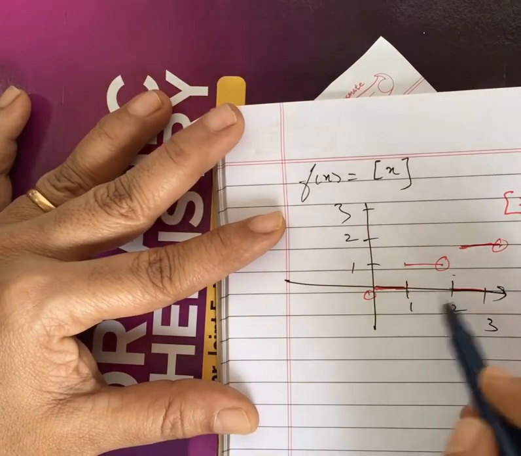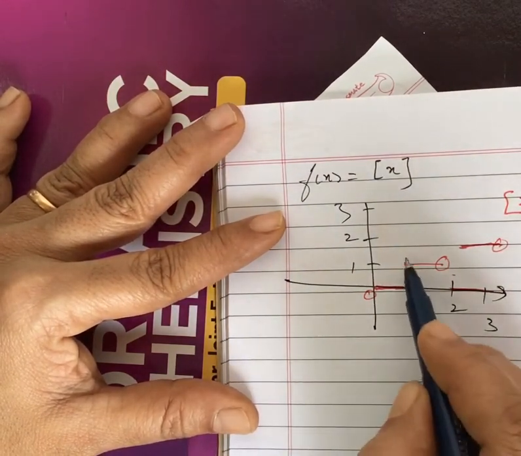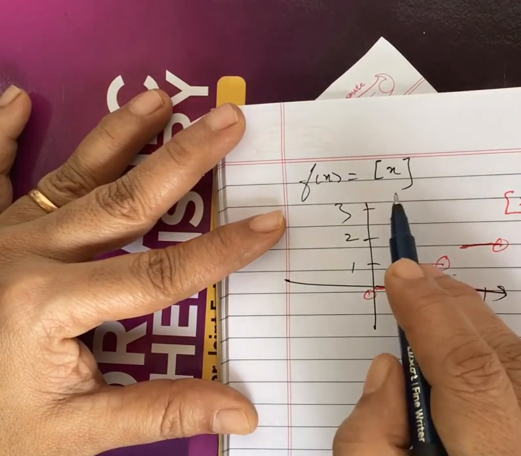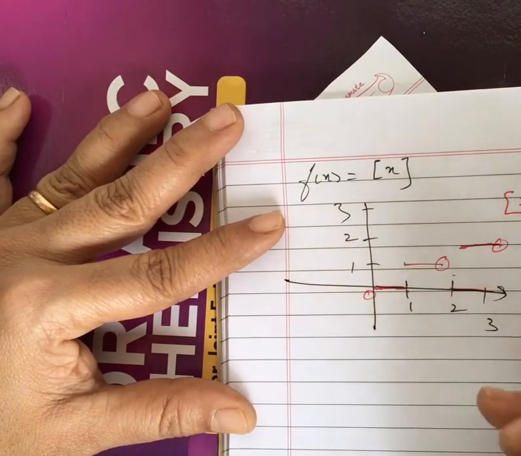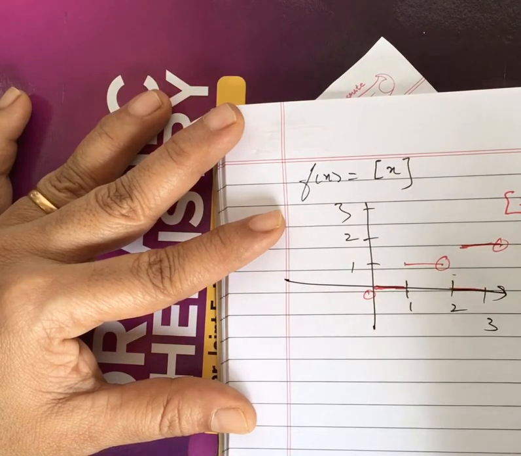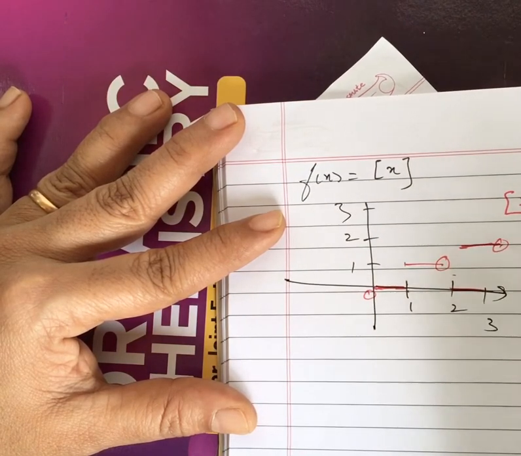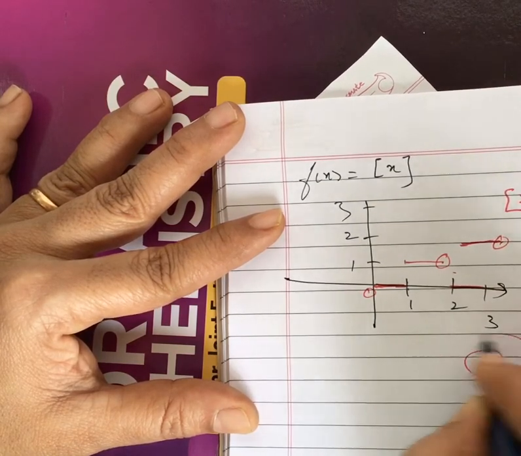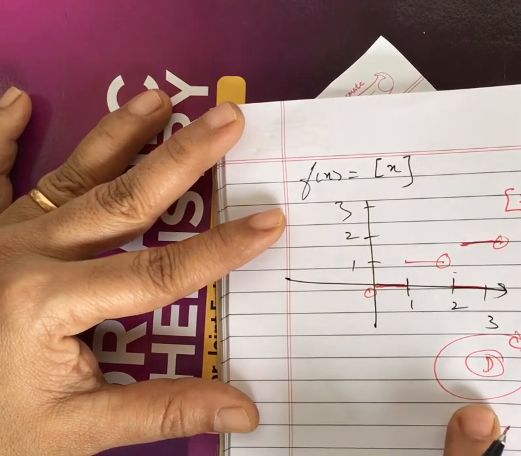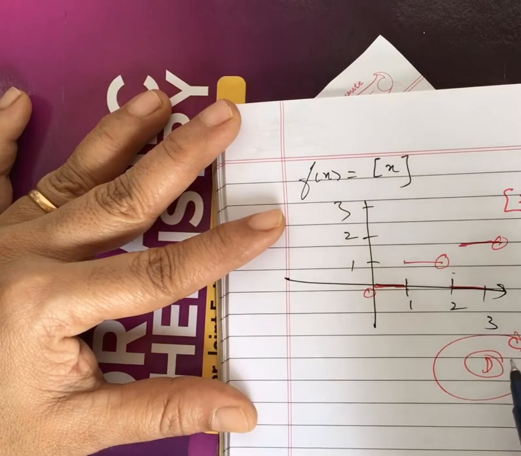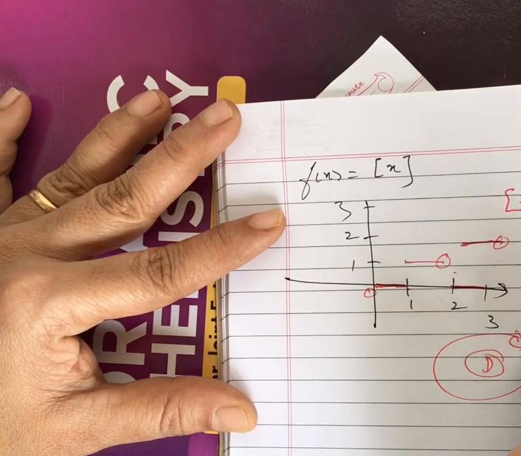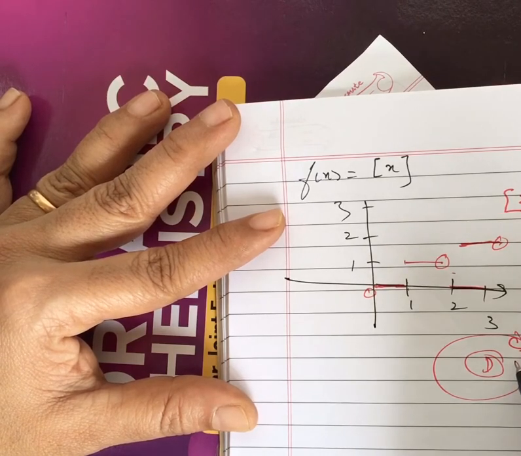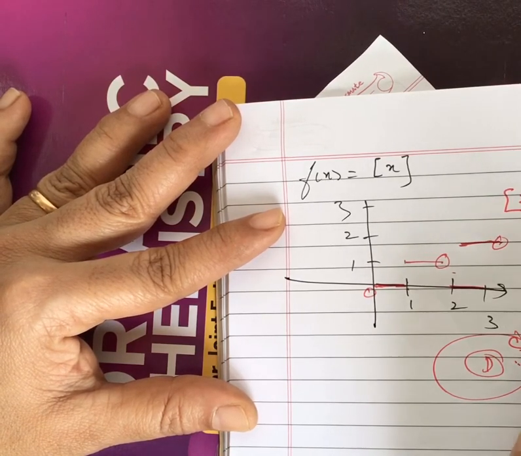So wherever there is a cut in the graph, you can say that the function is not continuous. So this integer function is not continuous at all the integral points. If C is the set of all continuous functions and D is the set of all differentiable functions, this is a Venn diagram we use. Usually, if it is not in C, it cannot be in D either.